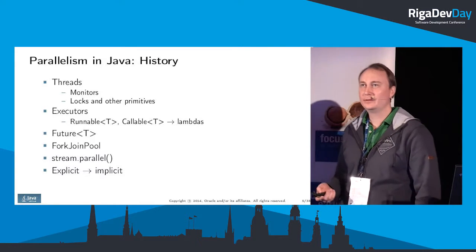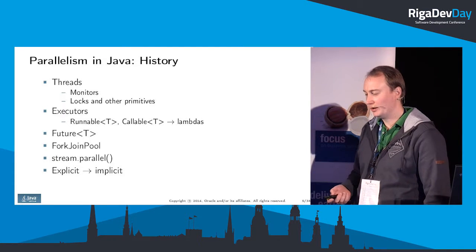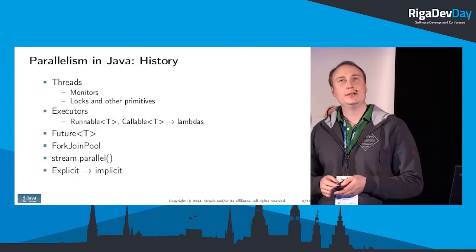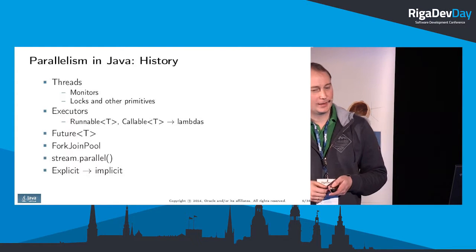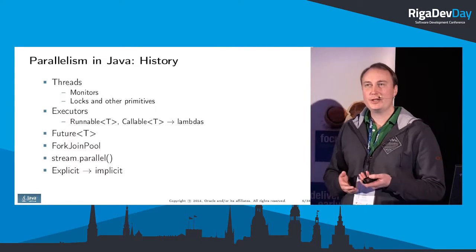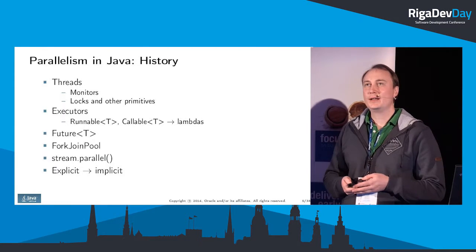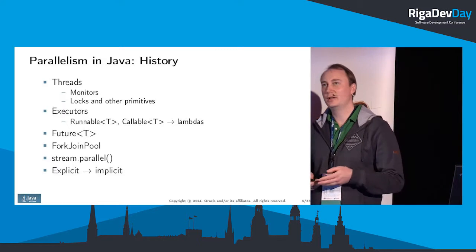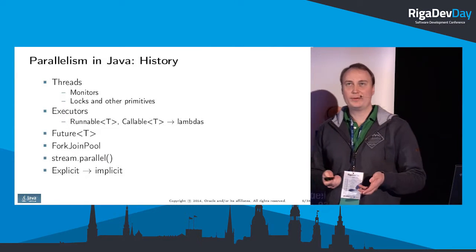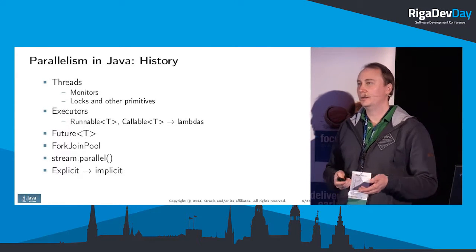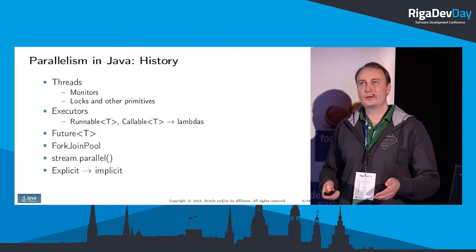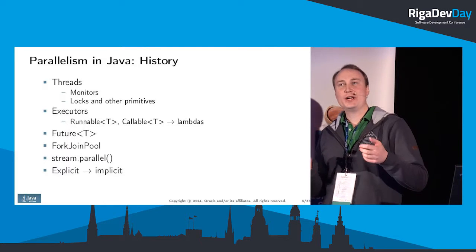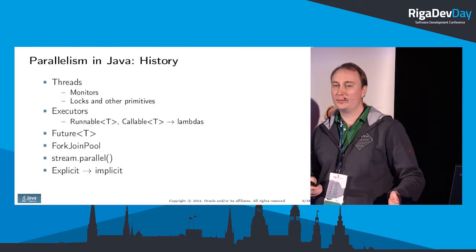In Java 5, we had additional primitives for synchronization and keeping shared state correct. If we use things like semaphores or some concurrent queues, they help us to keep our shared state correct when we do concurrent programming.